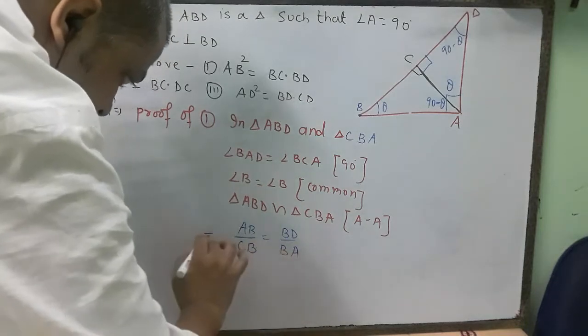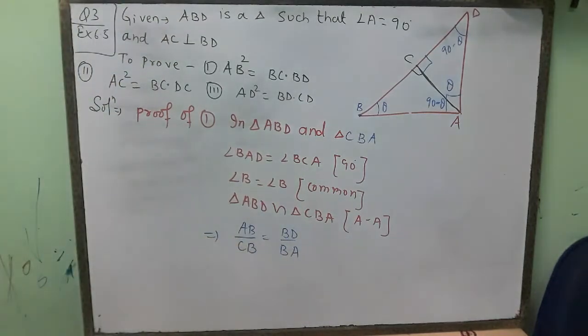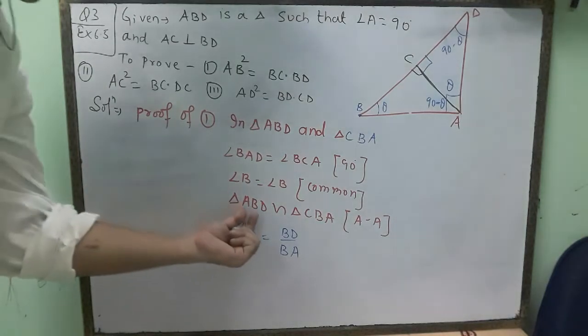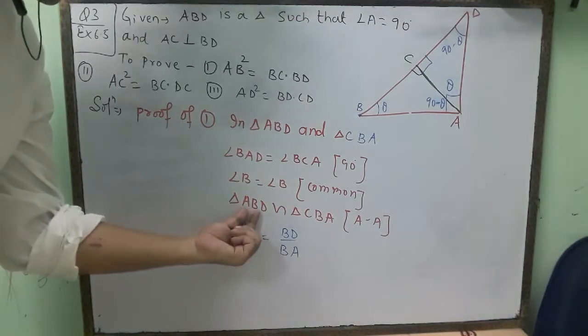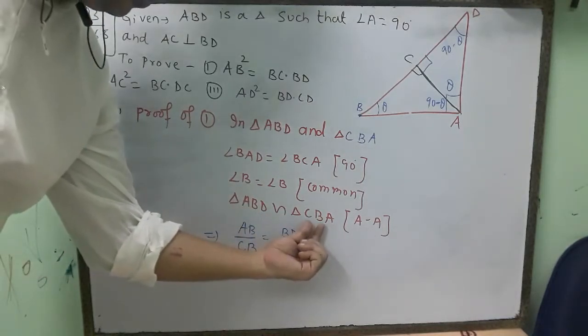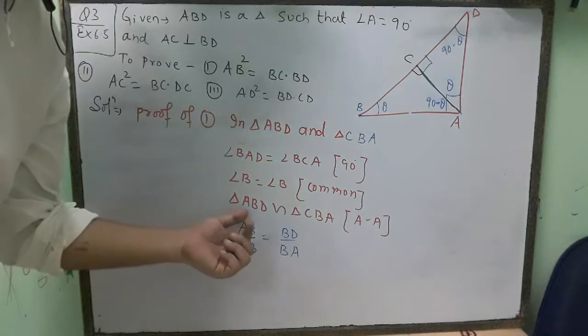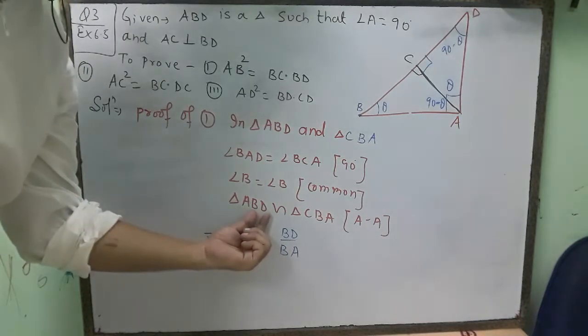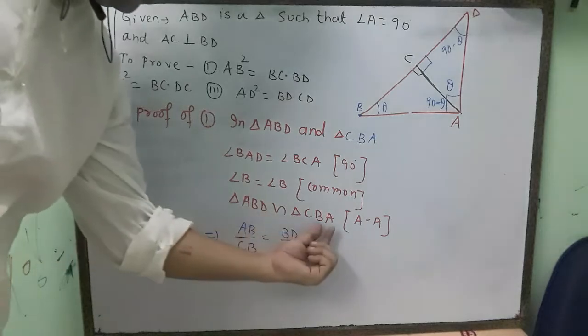Now think about how I have written this. Just make the pairs. If I start from A, it will be AB, and if I start from C, it will be CB. So AB by CB. A has been used, so A will be left. Now BD, and the corresponding of BD will be BA.